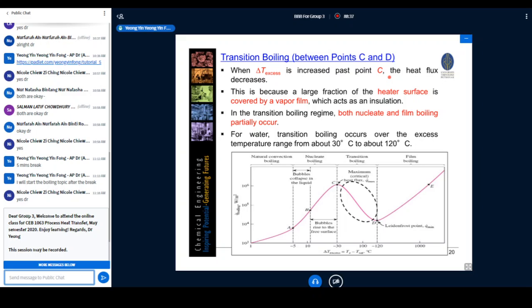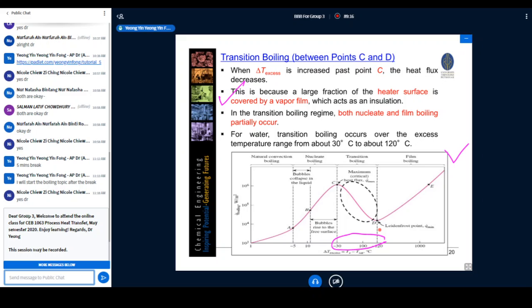In the transition boiling region, both nucleate and film boiling partially happen, so it's called transition. For water, transition boiling occurs over the excess temperature range of 30 to about 120, because this boiling curve belongs to water.